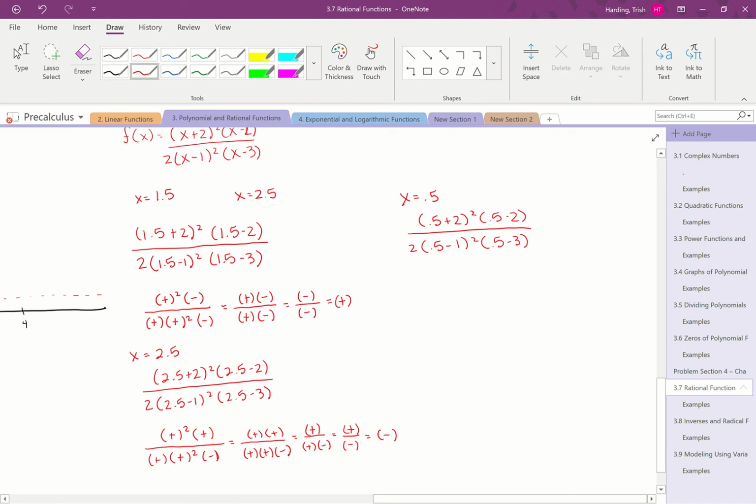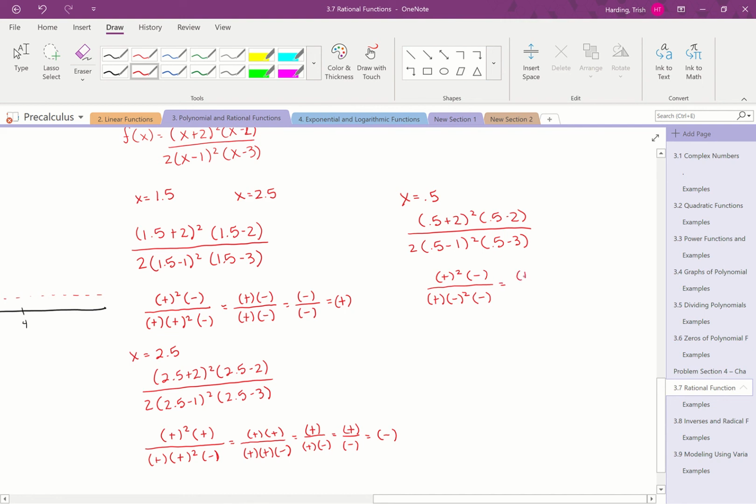Okay, so 0.5 plus 2 will give us a positive number squared. 0.5 minus 2, that's definitely going to be negative. The 2 is positive. 0.5 minus 1 is definitely going to be negative, and it'll be squared. 0.5 minus 3 is definitely going to be negative also.